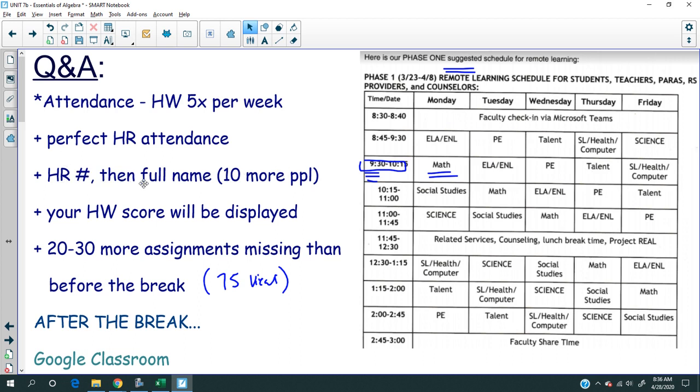Keep doing your homeroom number, then full name, even in homework. I continue to show you your homework score. Again, I'm going to hold off on giving you the grading policy until the news finally breaks, which should be sometime this week, hopefully.